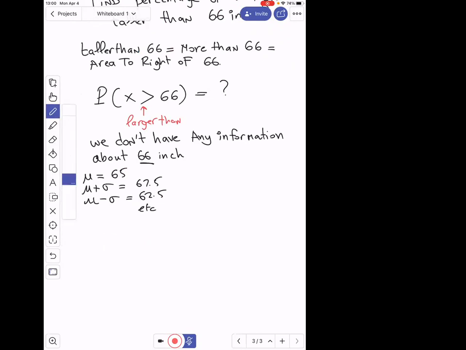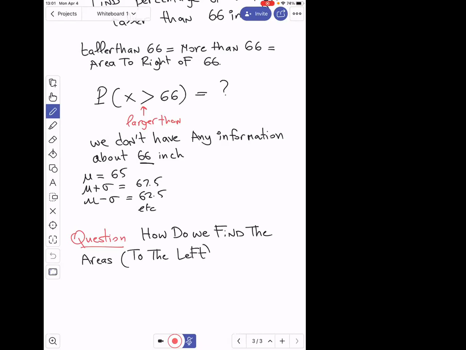So the question is, how do we find the area to the left, or to the right, or between, for random values of x?